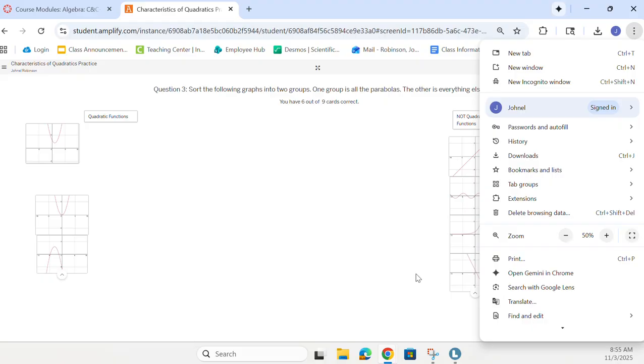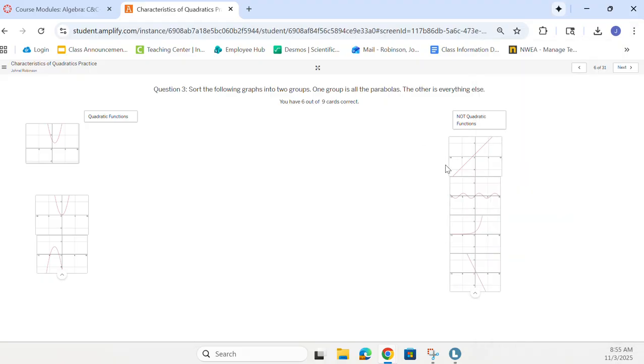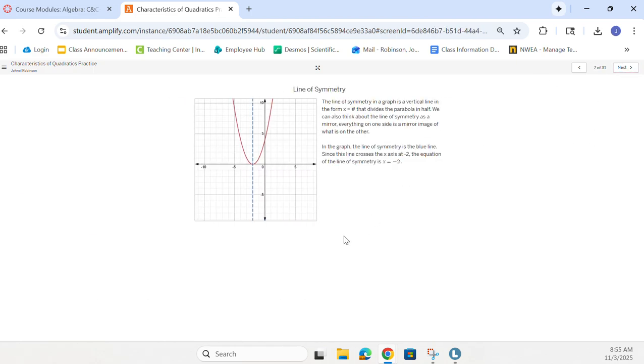All right, so now I'm just going to go through and finish up my assignment. Remember, the axis of symmetry is an equation that says x equals, and the x is equal to wherever it crosses the x-axis.